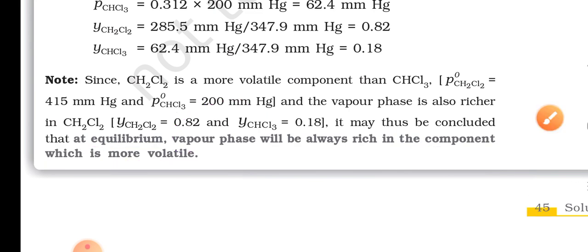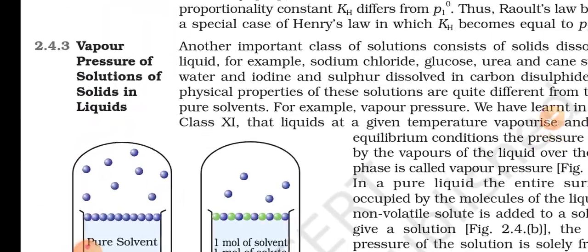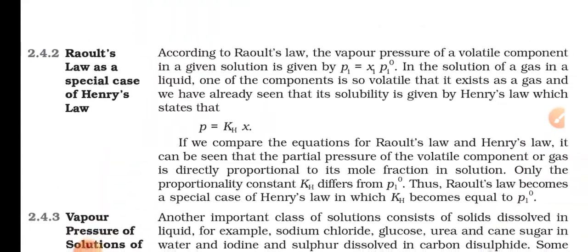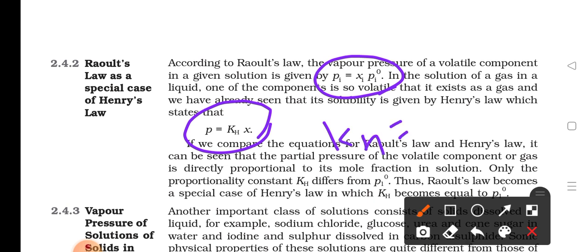Okay, so after that, Raoult's law as a special case of Henry's law. We know that Henry's law is P equals KH x, and Raoult's law is P1 equals x1 P1 naught. Here KH is replaced by P1 naught, and in this case we get Raoult's law from Henry's law.